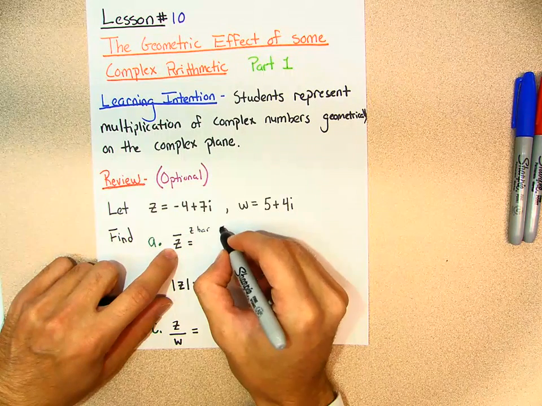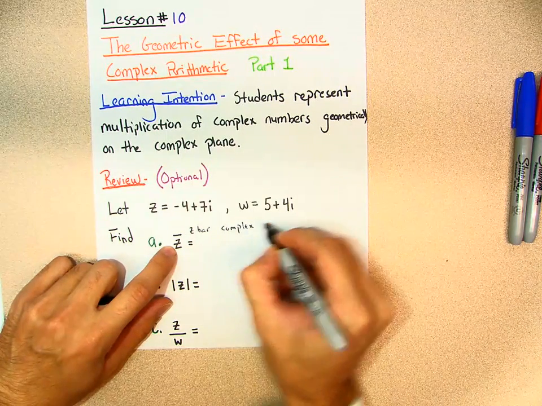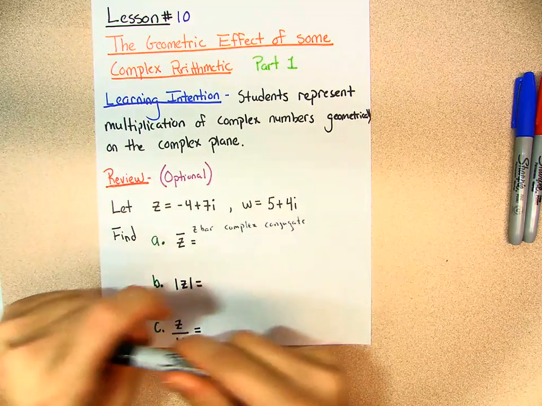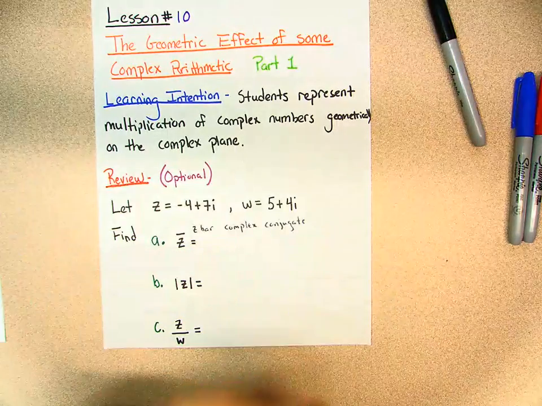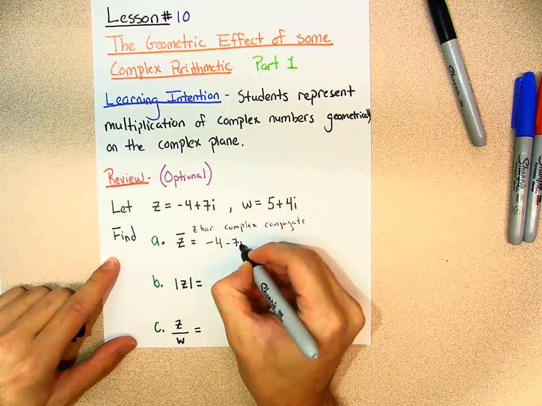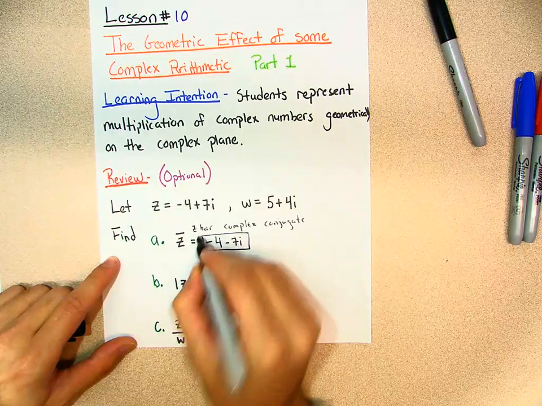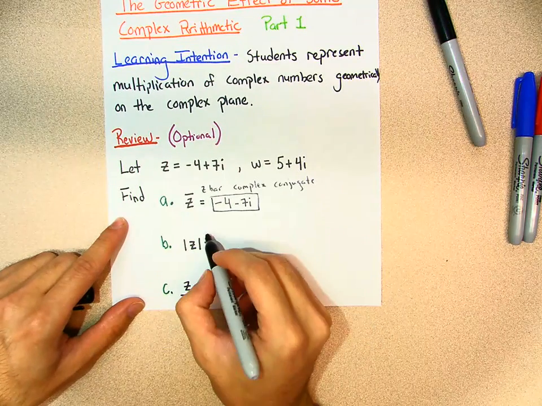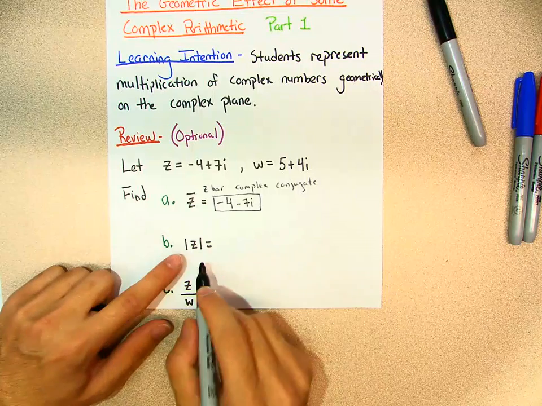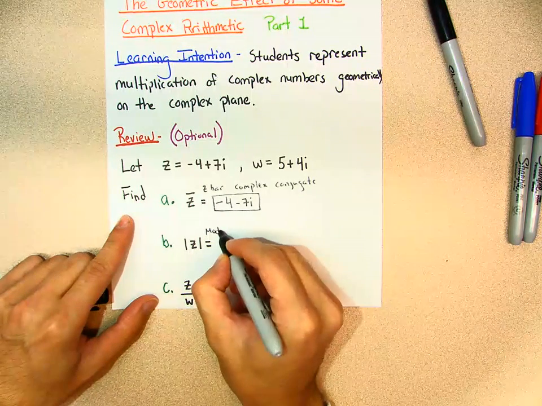It takes the complex conjugate, right? And what would be the complex conjugate of negative 4 plus 7i? It's just negative 4 minus 7i. And that's it, okay? Here, do not think absolute value. No absolute value. Think modulus, okay?